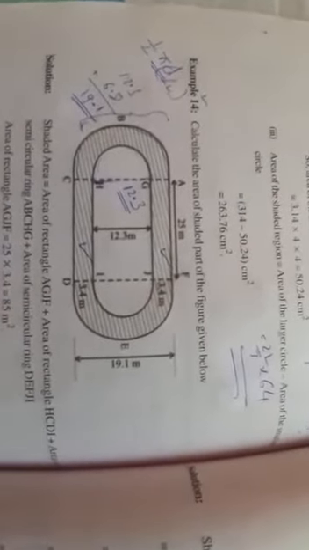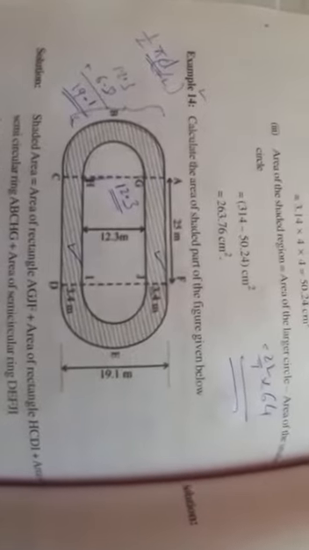Now area of this semicircle minus area of this semicircle. What is the area of the semicircle when diameter is given? Half the area of the circle. Area of the circle when diameter is given is pi (d by 2) whole square, because pi r square, r is d by 2. You can find r separately, or you can directly substitute d by 2 in place of r.